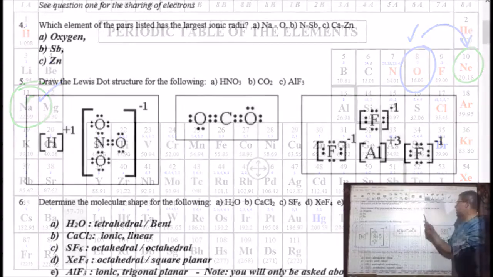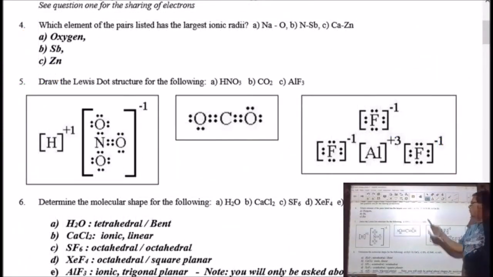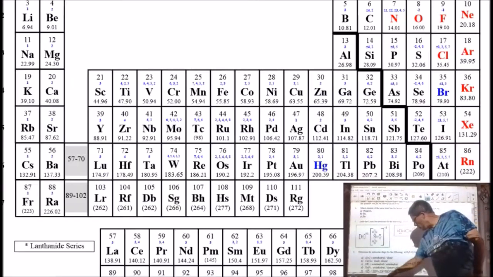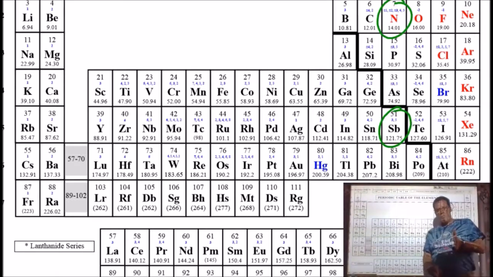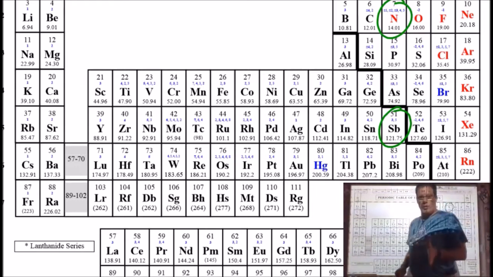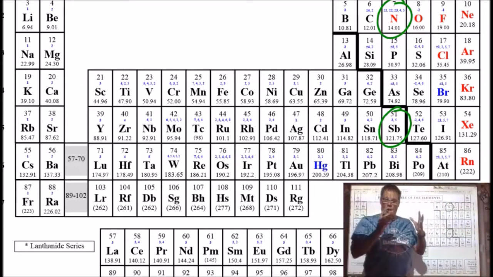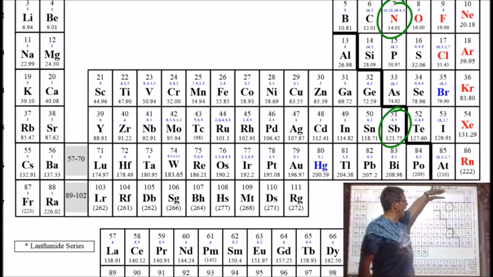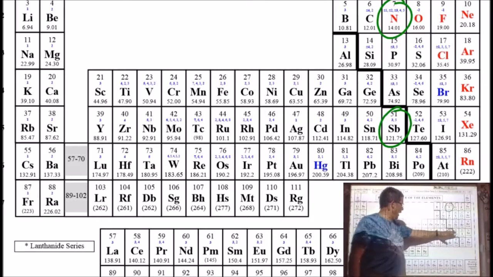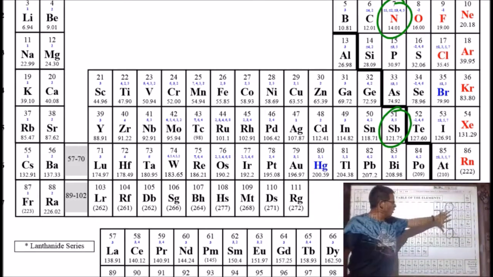The next question asks, who has the larger radius between nitrogen and antimony? Let's take a look at the periodic table. Nitrogen's right here, antimony's right here. They're in the same column, so they both have the same number of valence electrons. In this case, it's all about the total number of orbitals. Nitrogen only has 1s, 2s, and 2p orbitals, where antimony has all these d orbitals and all the p orbitals.